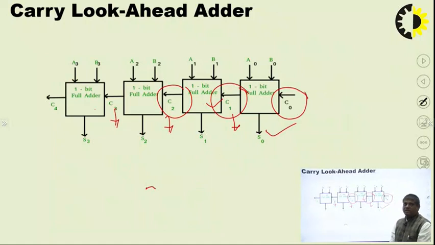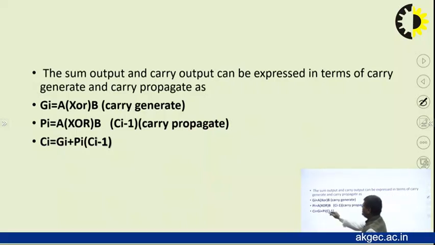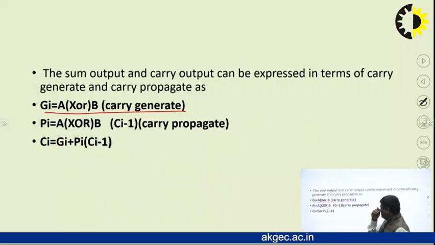We calculate C1, C2 and C3 in advance and implement them here, by which we remove the propagation delay. Now, how do we find the advance carry? There are some concepts. For example, Gi is known as the carry generator, and Pi is known as A XOR B.